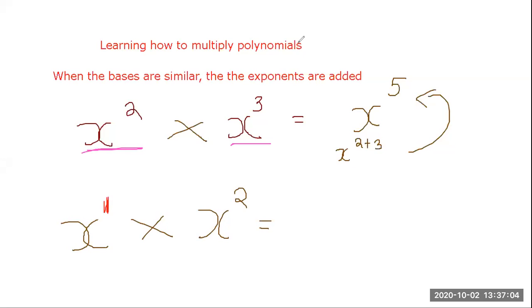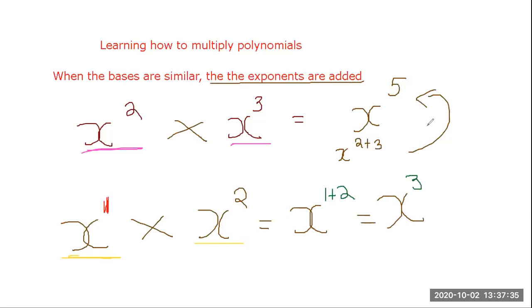But I'm multiplying, and because the bases are the same, my rule says I add the exponents. So my answer becomes x to the 1 plus 2, which means my answer is x cubed. That's it. We're multiplying exponents, multiplying polynomials, and we'll try and put this in polynomial form.